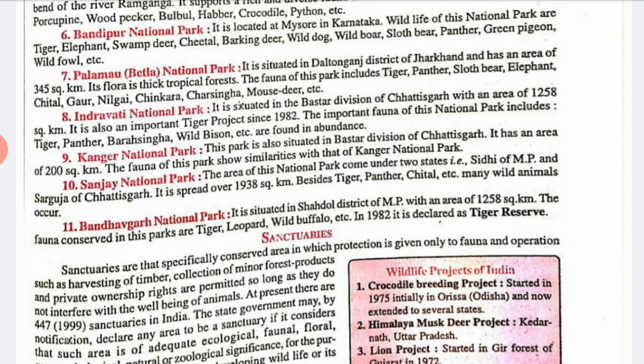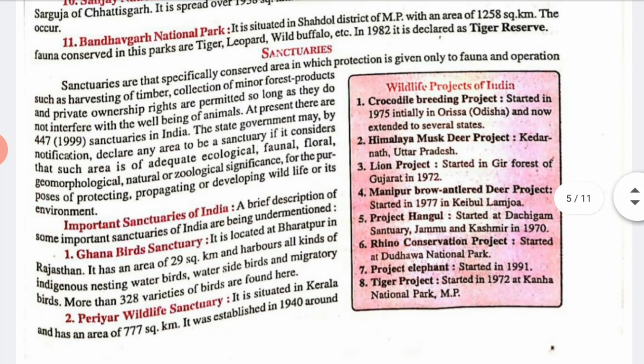Okay, now let us talk about sanctuaries. What are sanctuaries? Sanctuaries are special conserved areas in which protection is given only to fauna, and operations such as harvesting of timber, collection of minor forest products and private ownership rights are permitted so long as they do not interfere with the well-being of animals. At present there are 447 sanctuaries in India according to 1999.